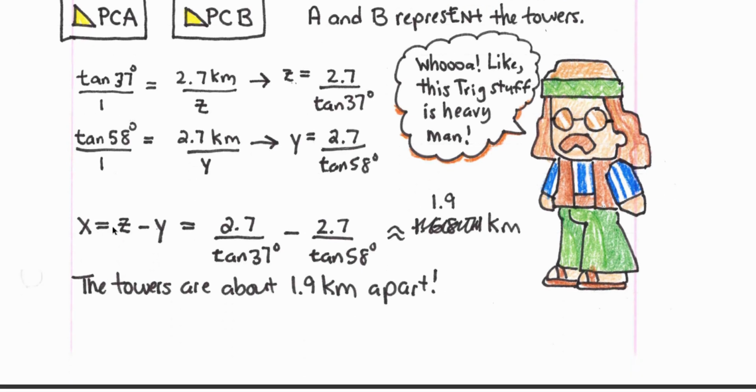So, since x is equal to z minus y, I take 2.7 over tan 37 degrees minus 2.7 over tan 58 degrees. And to the tenth, that's about 1.9 kilometers. And so the towers are about 1.9 kilometers apart.